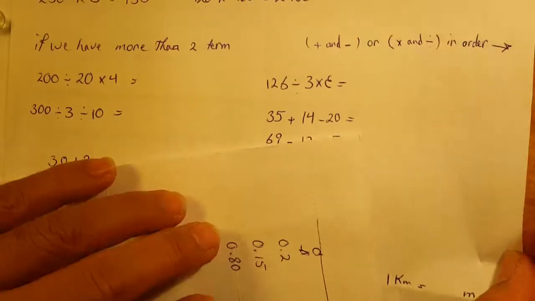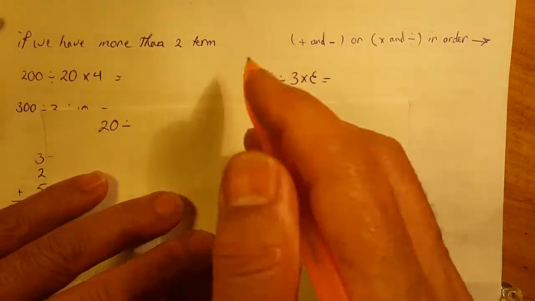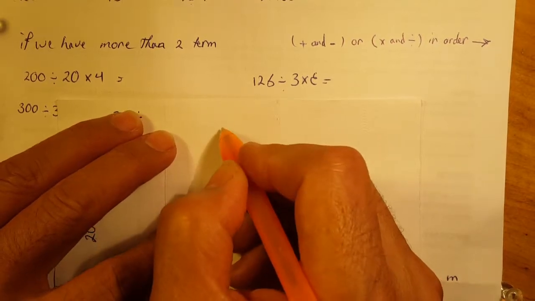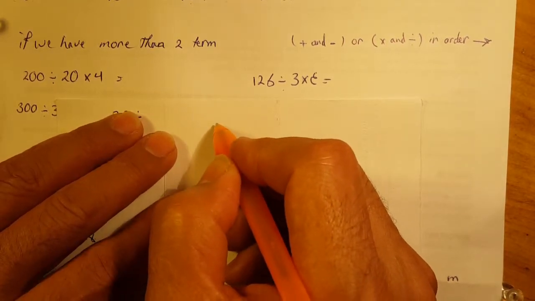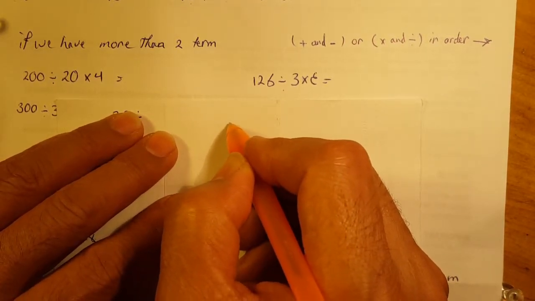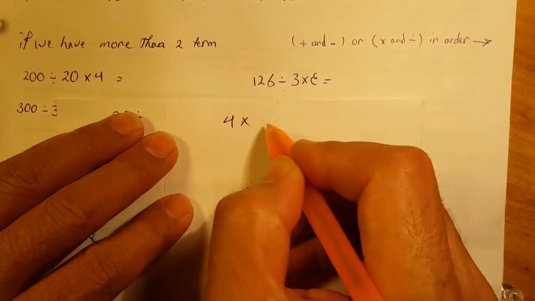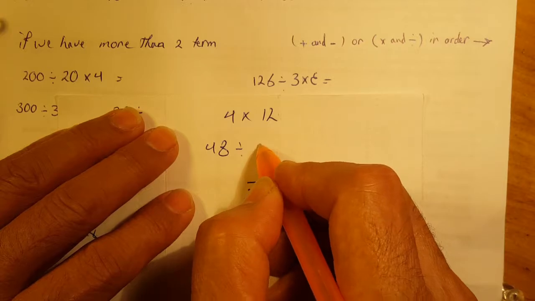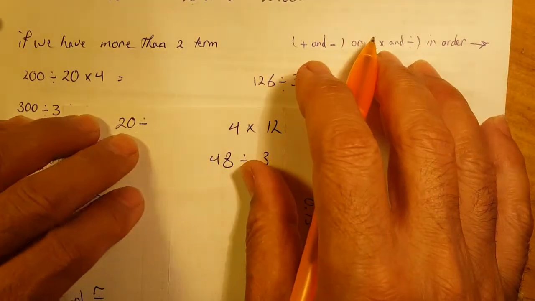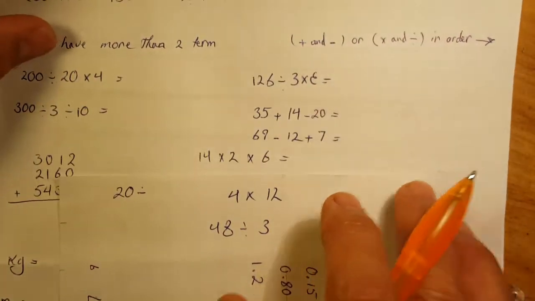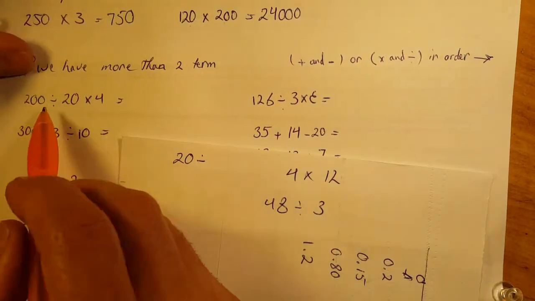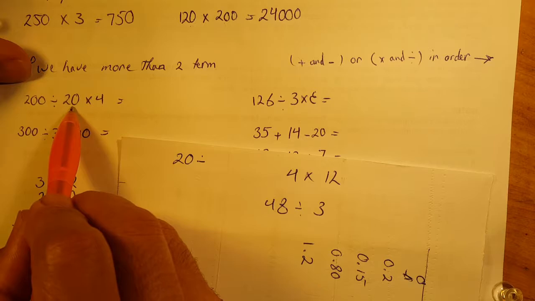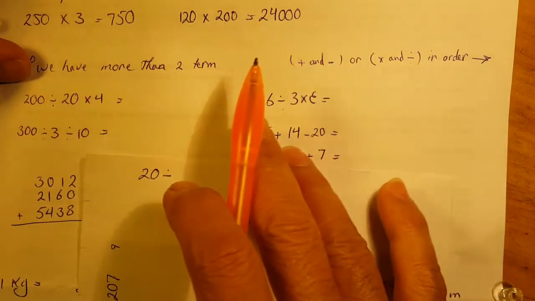Okay. In operations, if we have more than 2 terms, usually in the practice we have done, we had 2 numbers, like 12 or 48 divided by 3, and so on. Now I want to do more than 2 terms, 200 divided by 20 times 4.